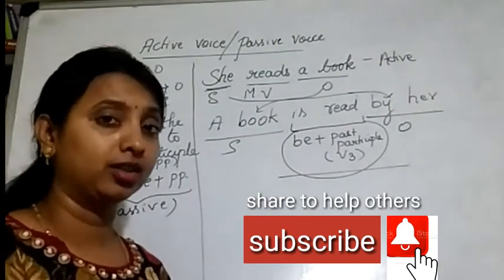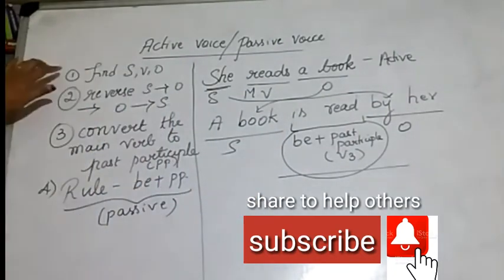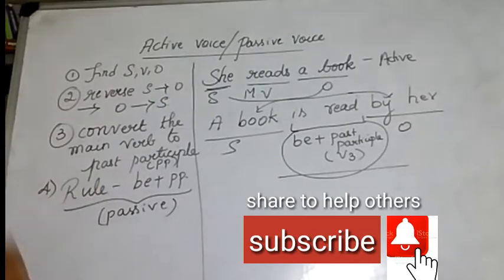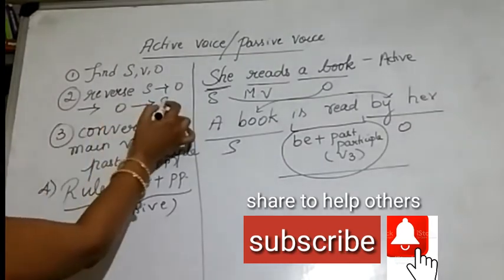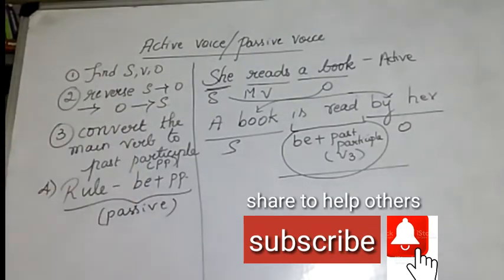How to convert? There are some rules. Let's see those rules. First one is find subject, verb and object. That's the first step. Second step is reverse subject and object, so it becomes object and subject. Third step, convert the main verb to past participle.